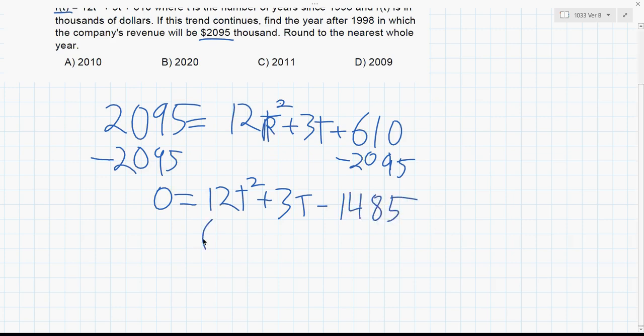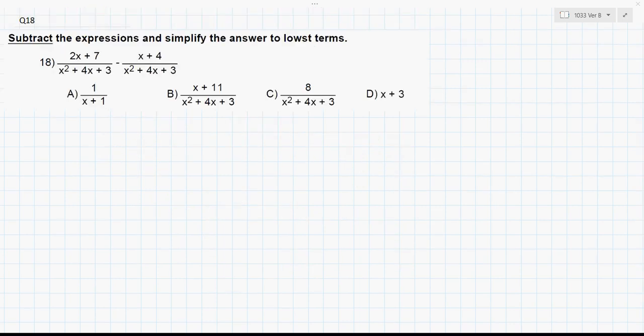At this point we're going to factor this, and since we have a number before our t squared value, we're going to have to use the AC method.